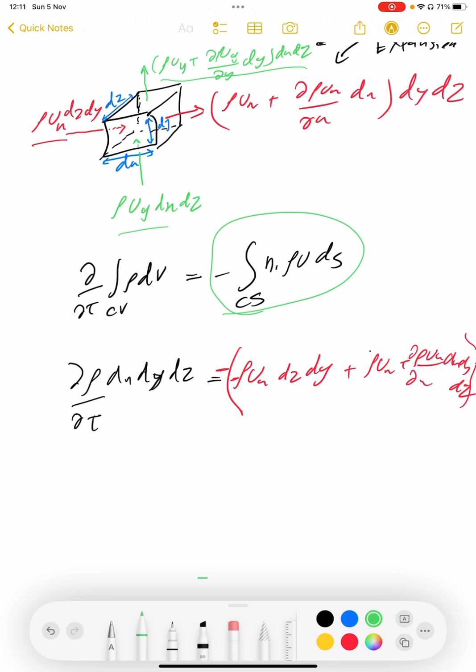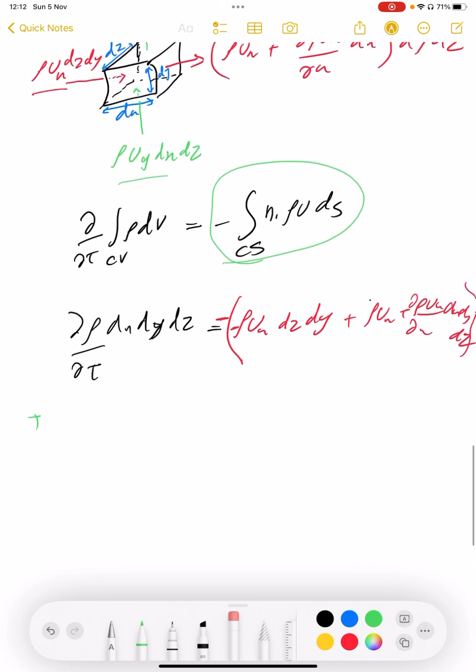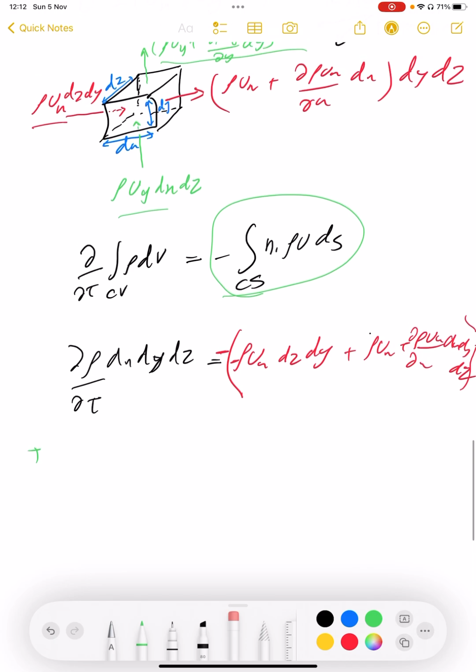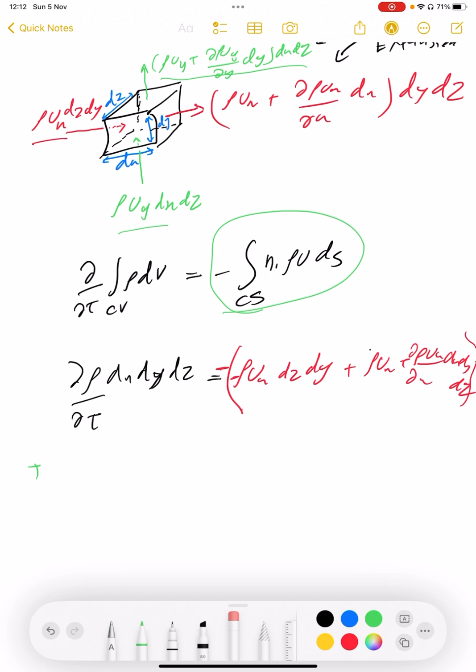If I add the amount of the fluid which is coming in the y direction, right?